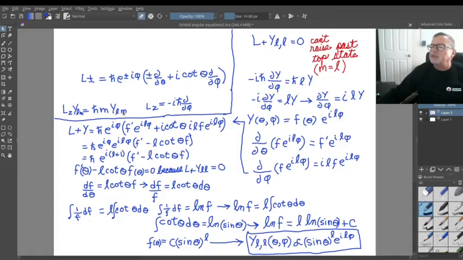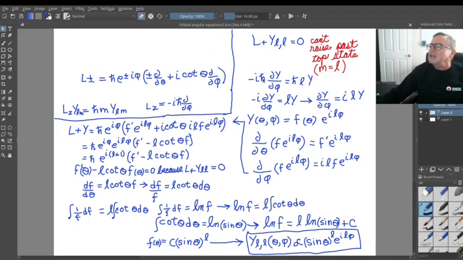The fact that these are both L_z is really going to help out. So let me start with using those two together. I'm going to set these two equal. First on the right hand side, that's the easy one, h bar M Y_LM. Well, since M equals L, I'm just going to say h bar L Y_LL.